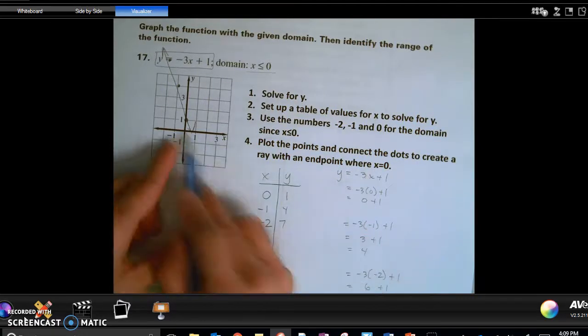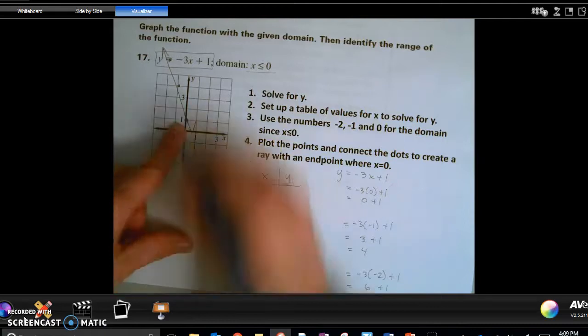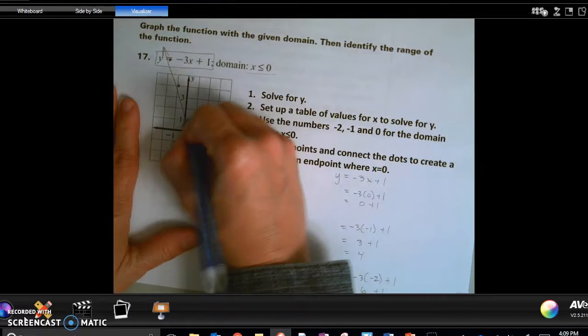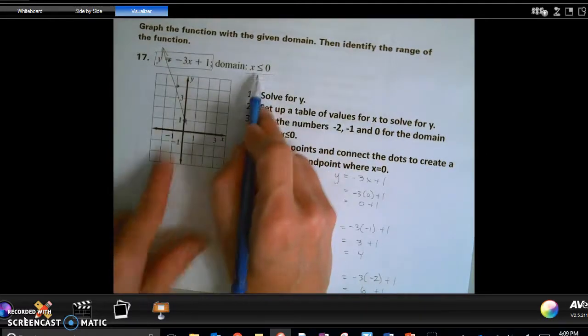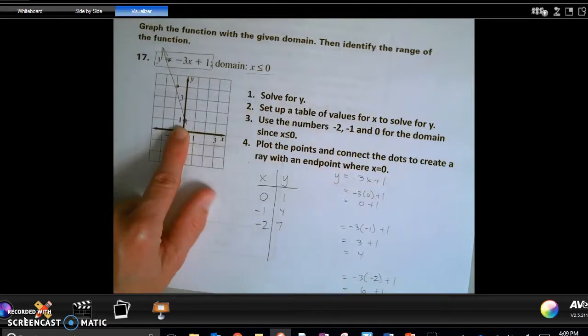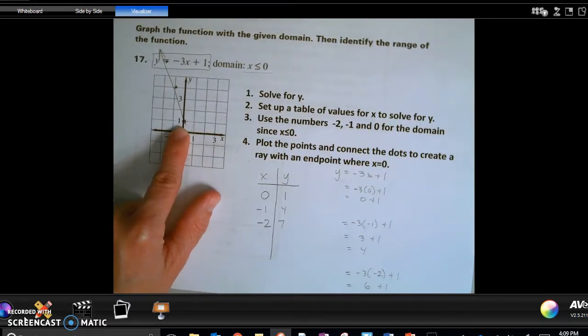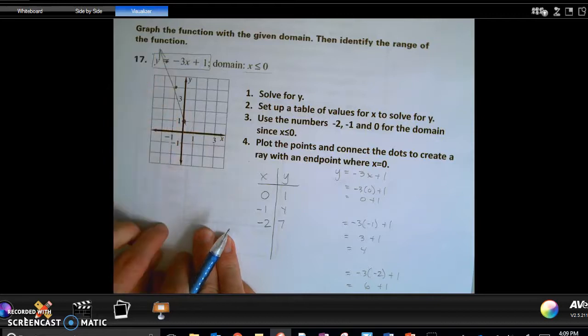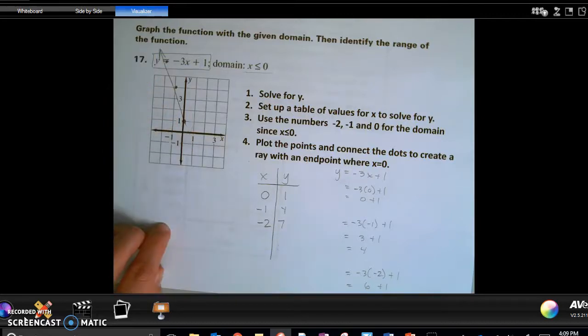So as we come here, we can actually end our graph because our domain said that x is going to be less than or equal to 0. So this closed point here tells me that I'm including 0, but I'm not going to go beyond x equals 0. So my line extends off in this direction as a ray with a specific endpoint.